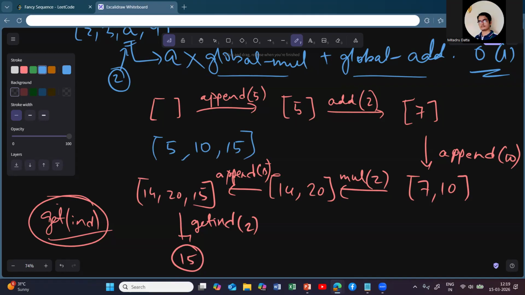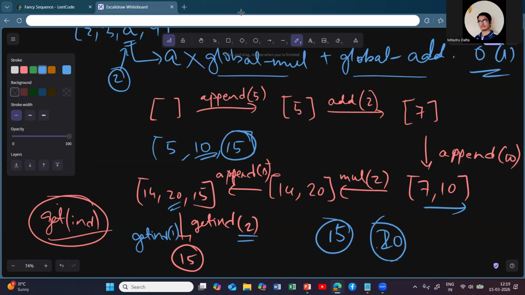In case of a long array, multiplying by 2 would make me iterate the whole array, so I will not do that. I will keep a global multiplier and global adder. But you see, when you are asked to access index number 2, you gave me 15 only. But when you are asked to access index number 1, you will give me 10. You will not give me 10, right? You will give me 20.